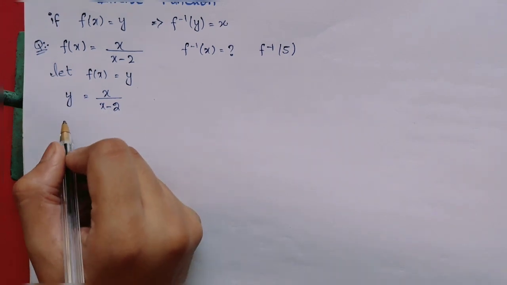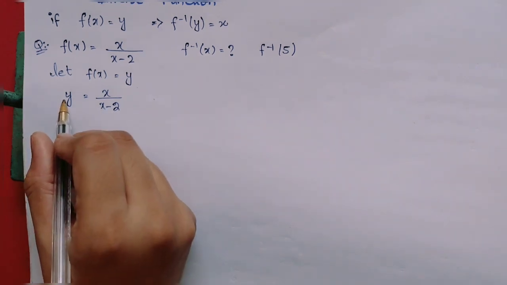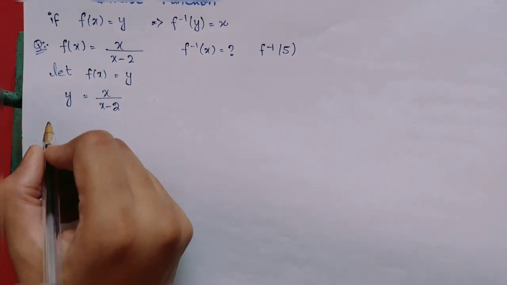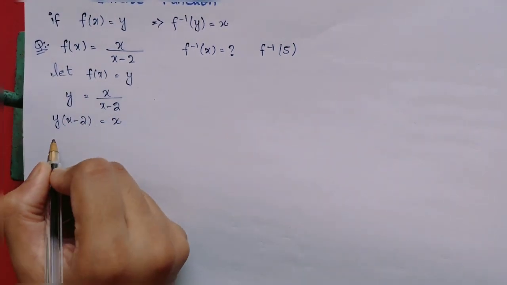Okay, how do we make it? It is in the denominator. When it goes there, it will be multiplied by y, x minus 2, and it is equal to x.